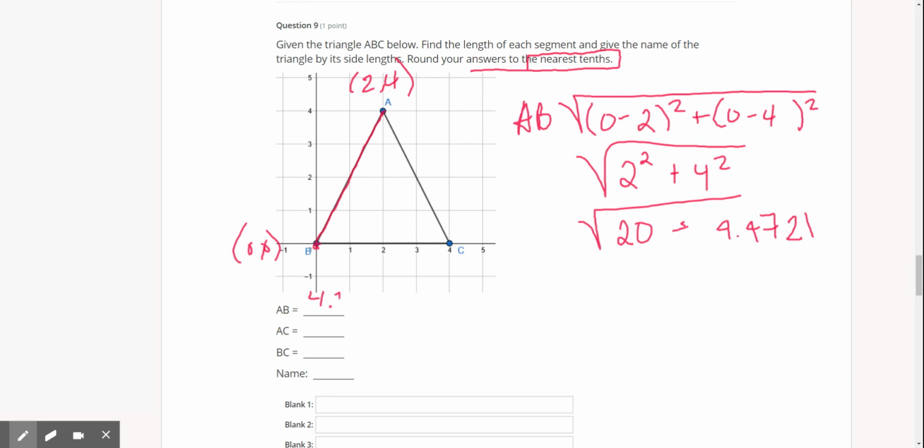It is 4.4, or 4.5? So then do I want to find BC or AC? AC. So AC is going to be this one. Do I need to do the formula again?